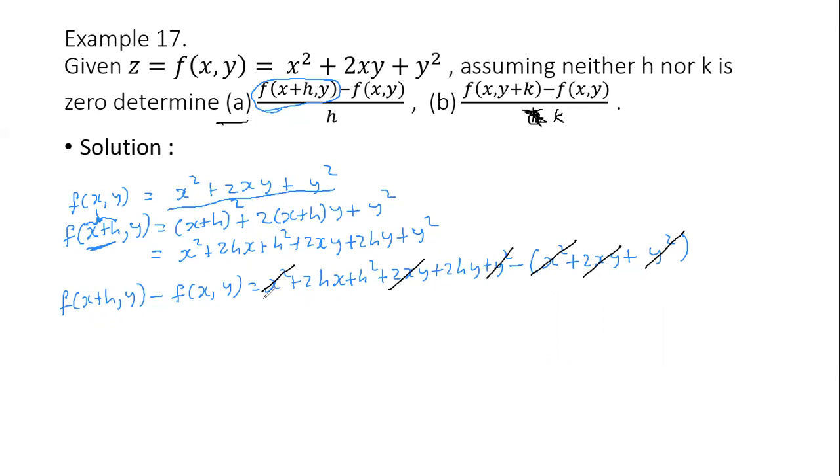What do we get then? We get 2hx plus h square.